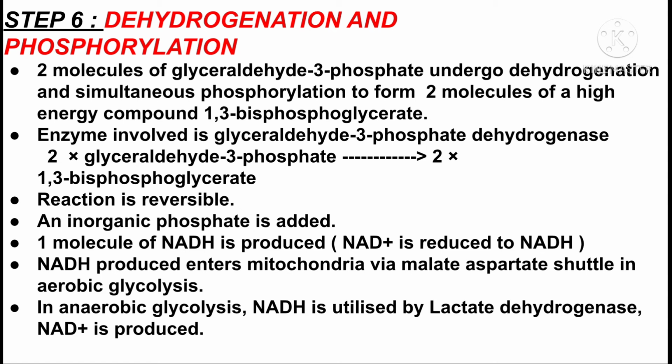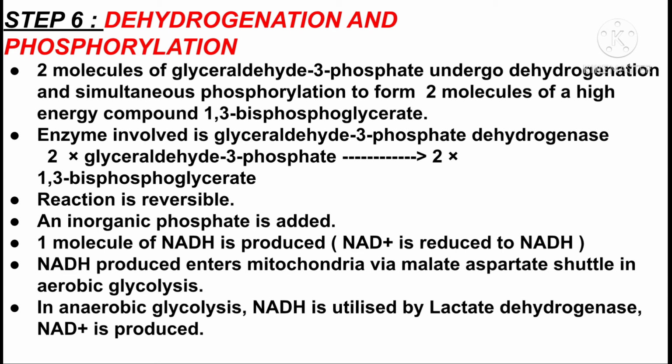2 molecules of glyceraldehyde 3-phosphate undergo dehydrogenation and simultaneous phosphorylation to form 2 molecules of a high energy compound 1,3-bisphosphoglycerate. The enzyme involved is glyceraldehyde 3-phosphate dehydrogenase. The reaction is reversible.